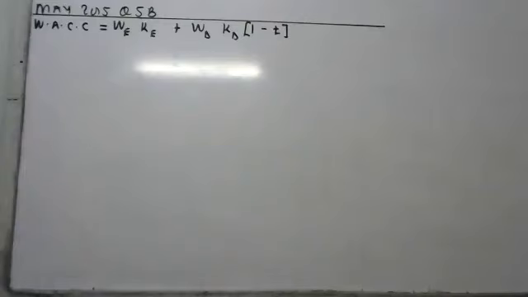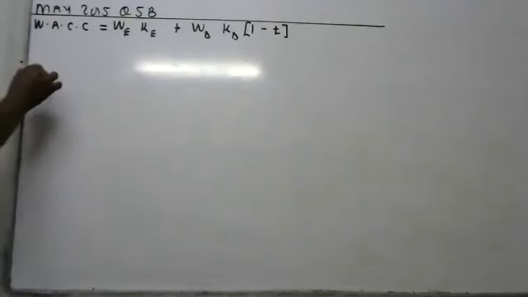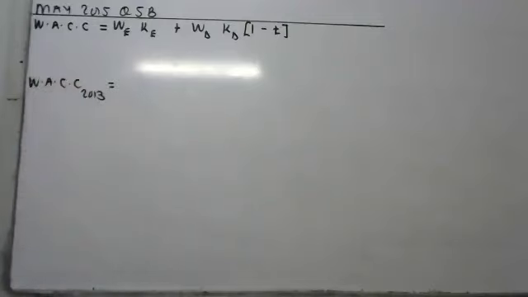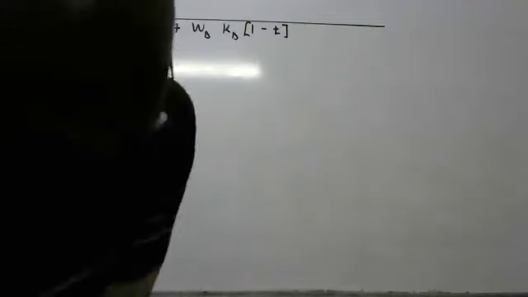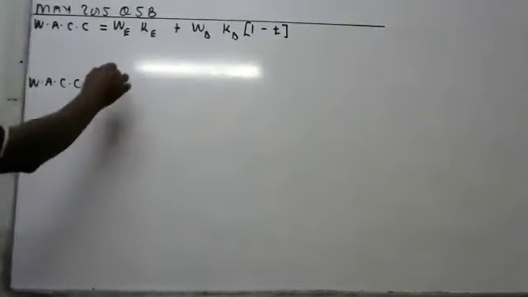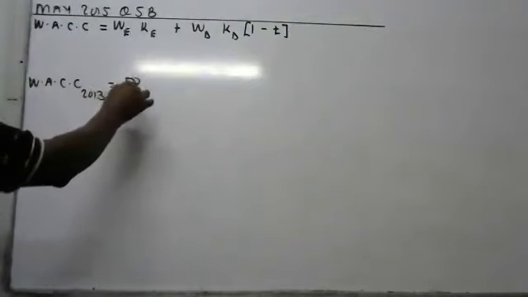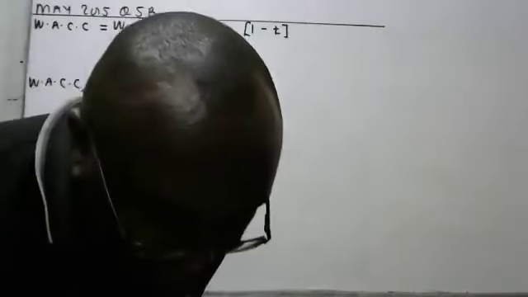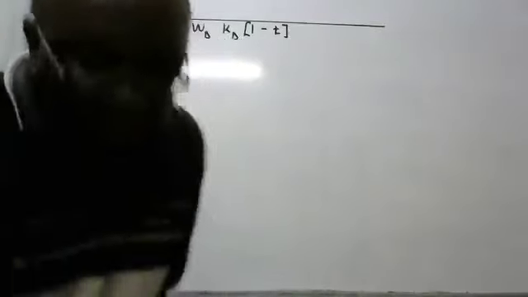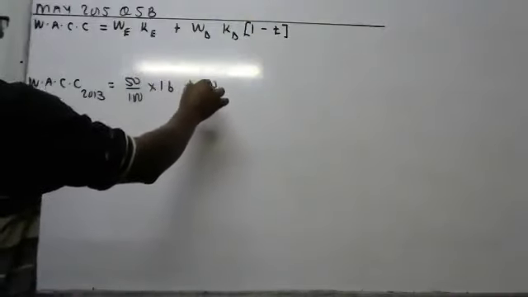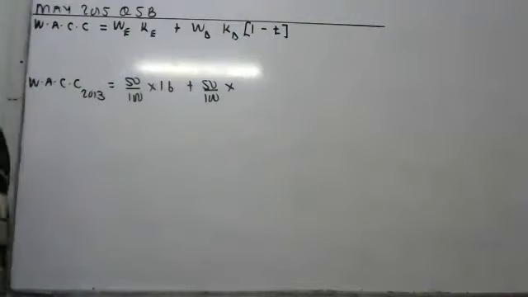So in the year 2013, WACC in 2013, we are told that the capital structure is 50-50. So this is 50%. And the cost of equity in that year, according to information 5, is 16% plus 50% of the cost of debt.